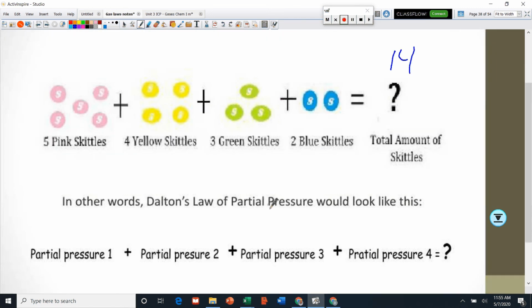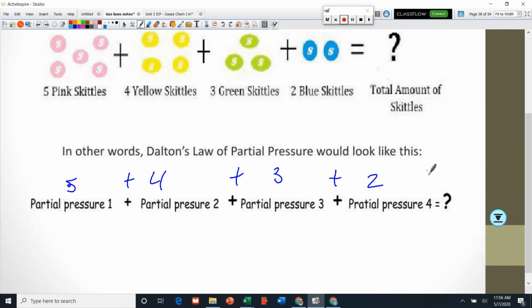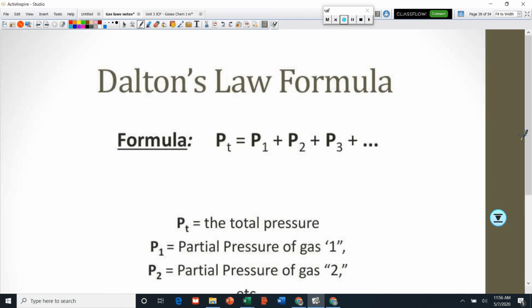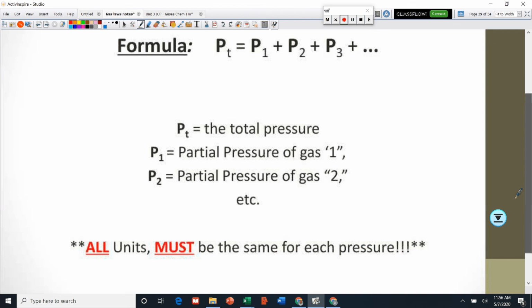And so we can also look at this in terms of pressure. If the pressure for gas 1 was 5 atmospheres, the pressure for gas 2 was 4 atmospheres, the pressure for gas 3 was 3 atmospheres, and the pressure for gas 4 was 2 atmospheres, then when we put them all in one container, all of those pressures are going to add together to form a 14 atmosphere pressure.